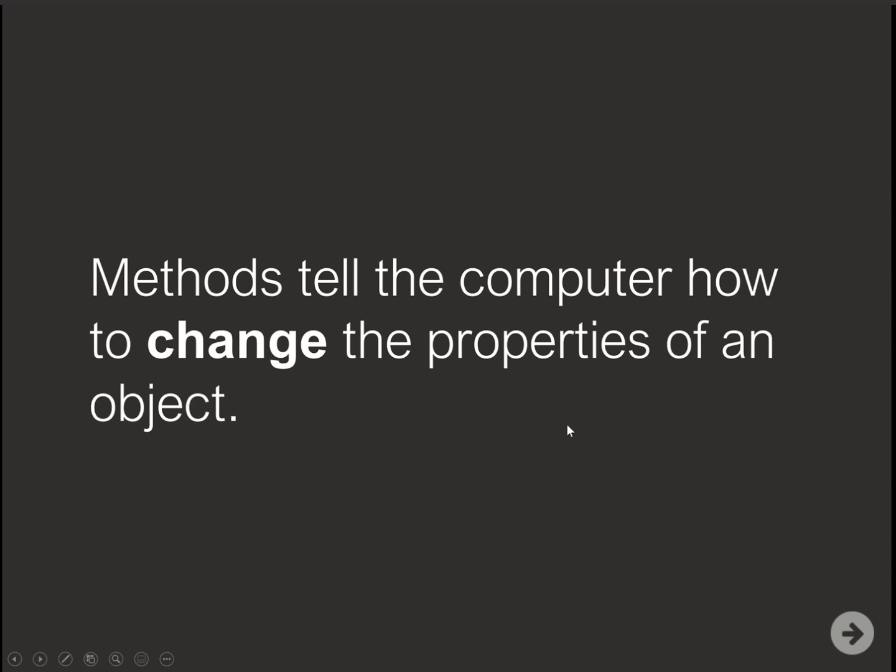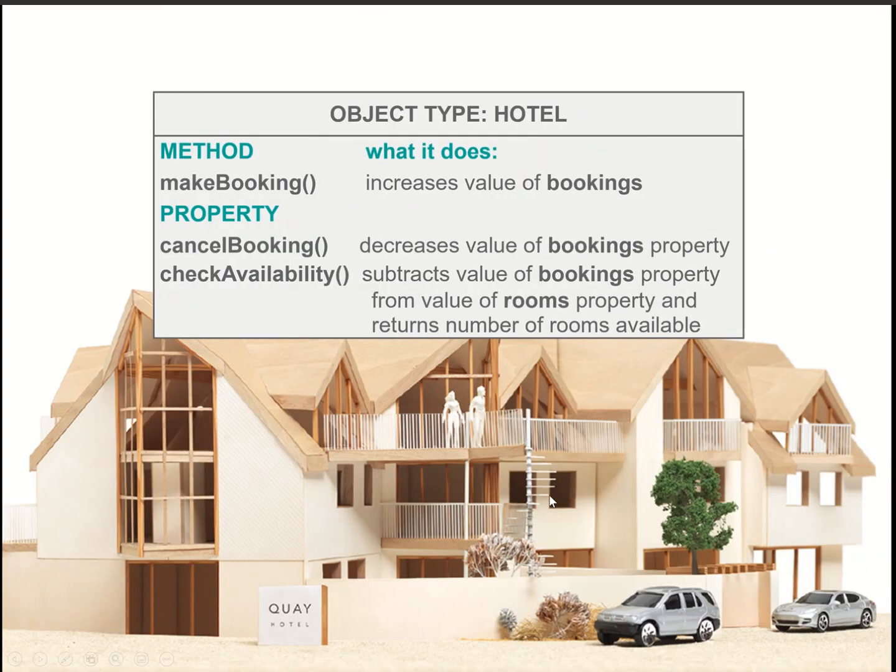You cannot change the properties except through the methods, because the methods handle the events to change the state, the properties of an object. They may change others as well, but they will mainly change the object itself. For example, in the hotel, when we make a booking, we increase the value of bookings, the number of bookings.